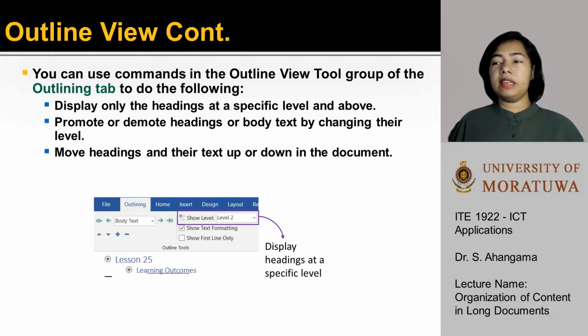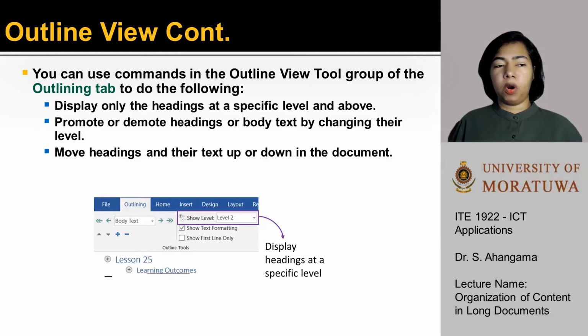You can use commands in the outline view tool group of the outlining tab to do the following tasks. If you need to show only some headings at a specific level and above, you can easily do it.